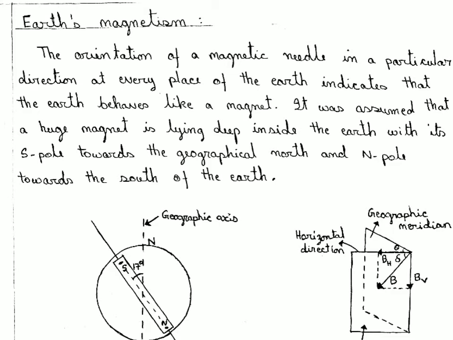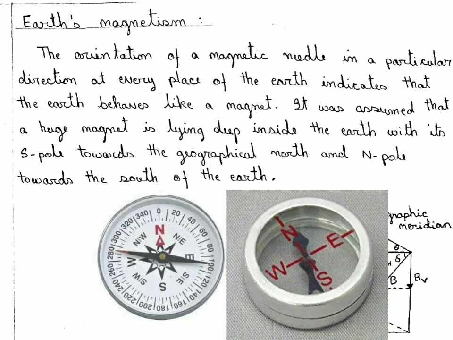Earth's magnetism. Now, if you observe a compass needle, the magnetic needle of the compass always orients itself or aligns itself in a particular direction. And this orientation of the magnetic needle in a particular direction at every place on the earth indicates that the earth behaves like a magnet.